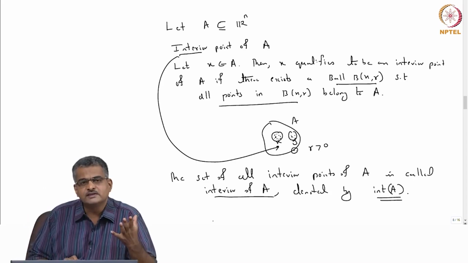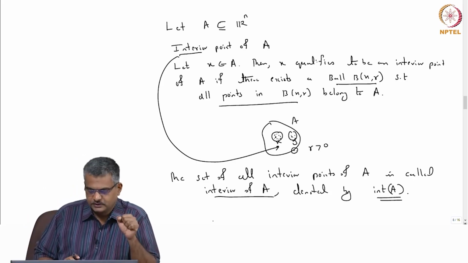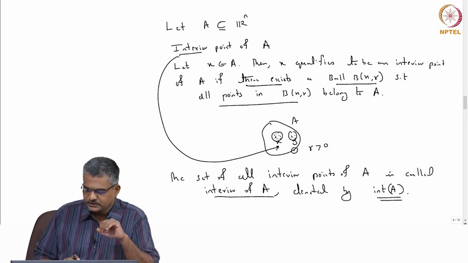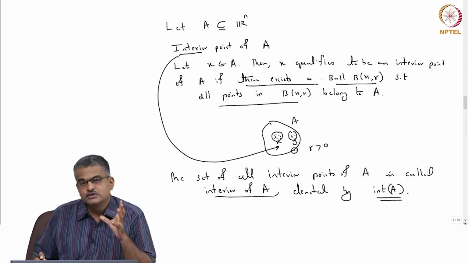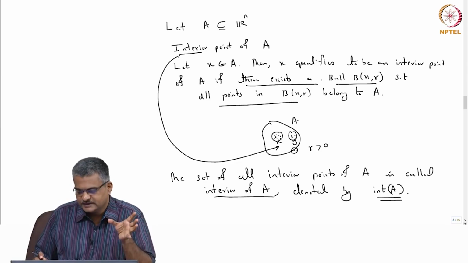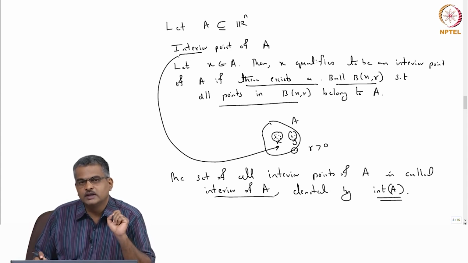Now, how is this related to the definition of open set? So, a word of caution. If you look at this definition, the key phrase is if there exists a ball, that means you have to come up with just one ball, such that all points in that ball belong to set A, then that point x qualifies to be an interior point.